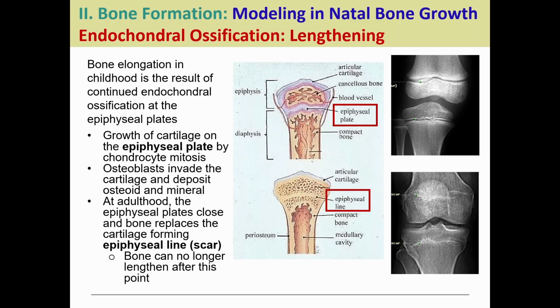But again, this is going to continue to happen until you reach adulthood. And once you're at adulthood, we don't need that cartilage there anymore, and we're just going to replace it with bone. So we go from an epiphyseal plate, which is an actively growing site of bone for length, and we transform to an epiphyseal line where we can no longer lengthen, it's now solid bone.